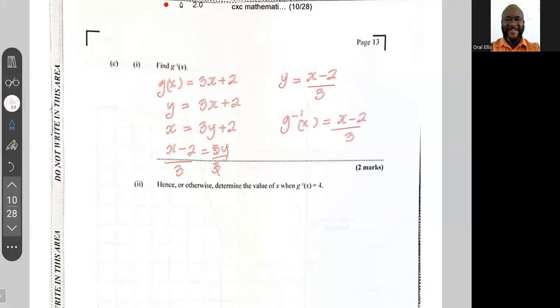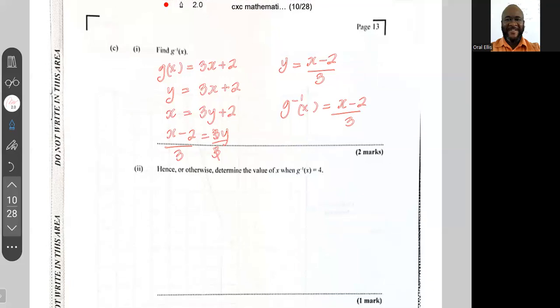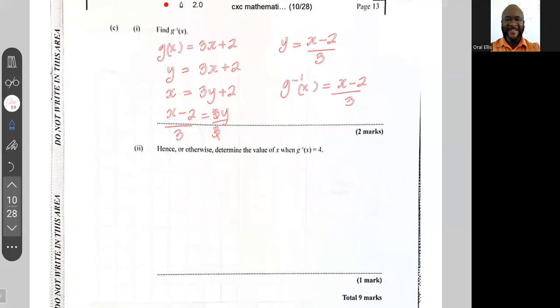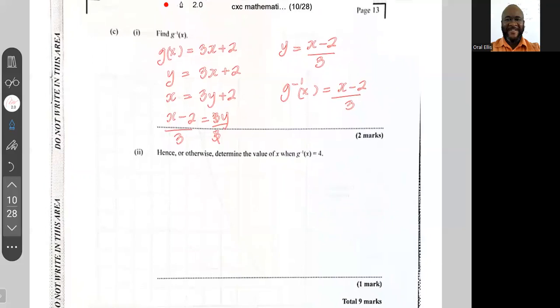This says hence or otherwise determine the value of x when g inverse of x is equal to 4. I could use hence or I could use otherwise. Hence, you have g inverse of x is equal to 4. I just found g inverse of x. x minus 2 over 3 is equal to 4 over 1.